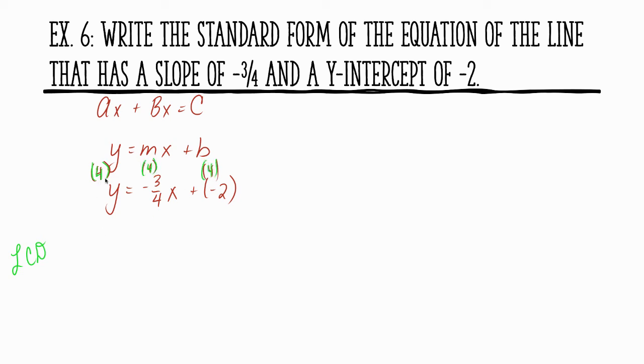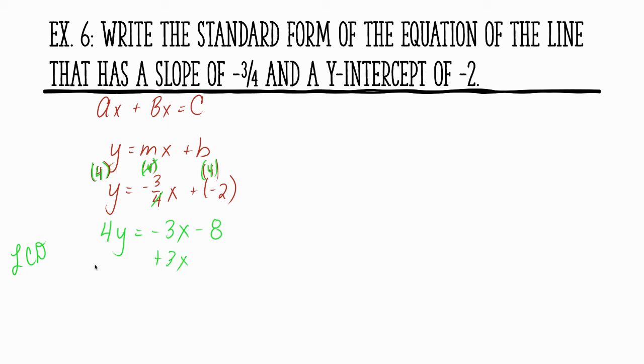Okay, so when we multiply this, we get 4y equals, this cancels and we're left with -3x, and then 4 times -2 is -8. Okay, so we need to shift this over to make it look like the standard form.